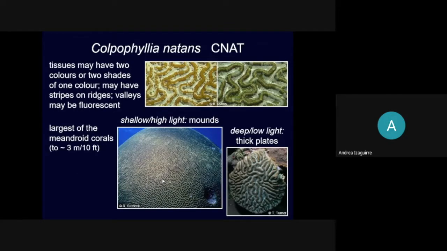For the most part, this coral can be in an encrusting mound, but just like the other corals that we've been seeing before, whenever it has low light conditions, such as when it's at depth, it's going to form thick plates. But for the most part, it's just this big mound.